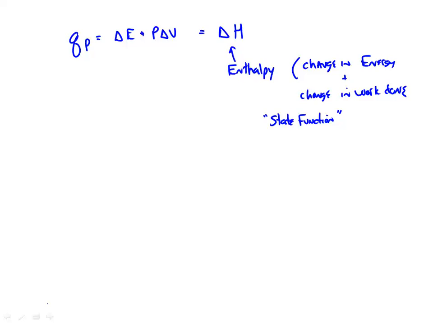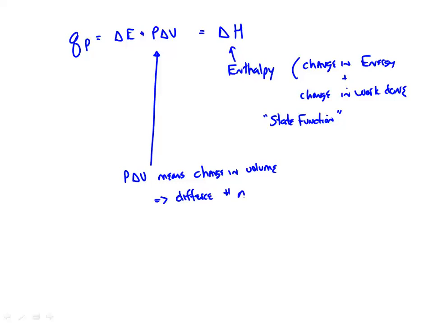Now, the other thing to note is that P delta V means that there's a change in volume, which for chemical reactions means that there has to be a difference in the number of moles of gas in a reaction.